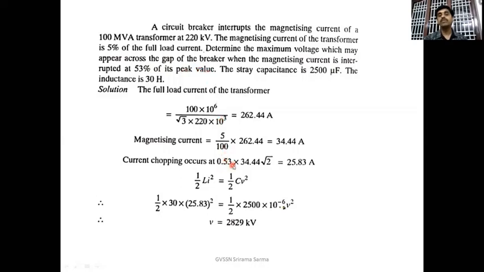Therefore, 0.53 into √2 times this value, therefore 25.83 amperes. Therefore, using this expression, we substitute the L value, C value, I value, we get the prospective voltage as 2829 kilovolts.